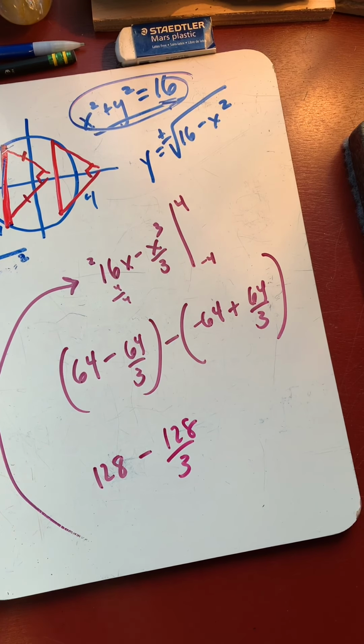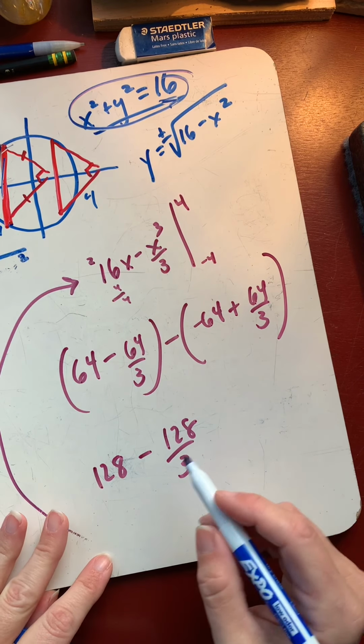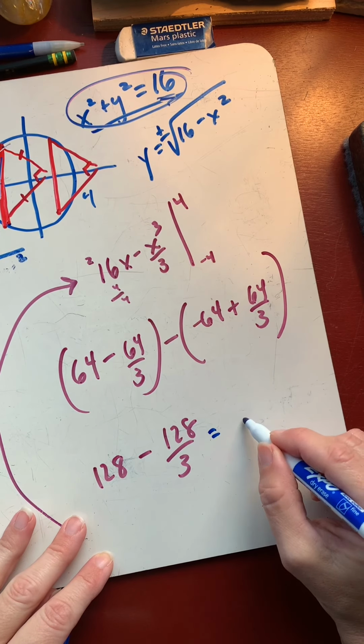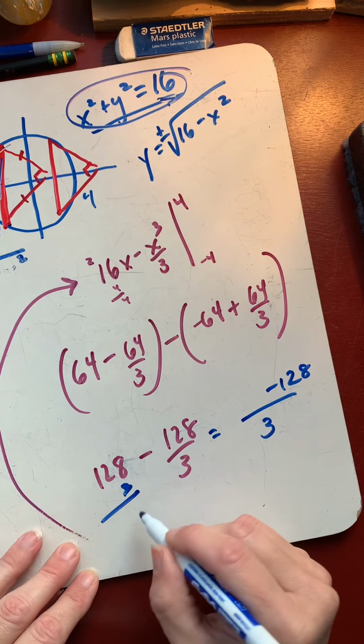Can I just put it in like that? Determine the exact value. Shouldn't have to. It says your answer should be a simplified proper fraction or a simplified improper fraction. You jerks! So they are making me get a common denominator. So I need a 3.